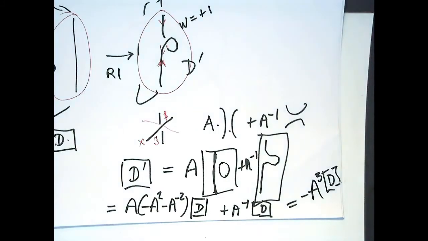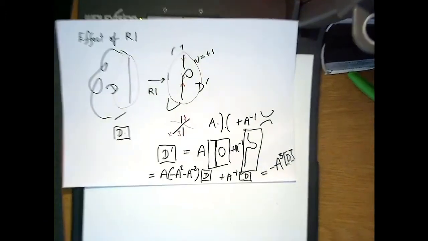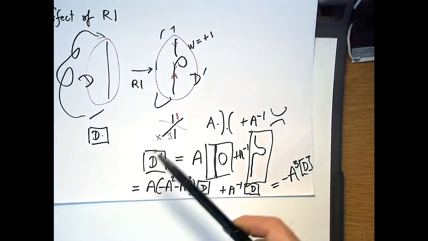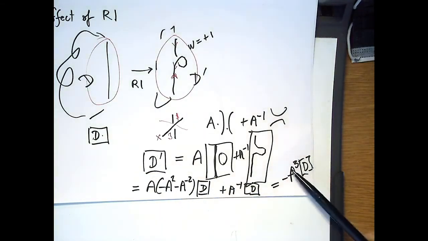So the conclusion of this is I've worked out the effect of applying an R1 move, and I've given you an exercise in using rule 3. Namely, the Kauffman bracket after the R1 move is simply minus A cubed times the Kauffman bracket of the original diagram.